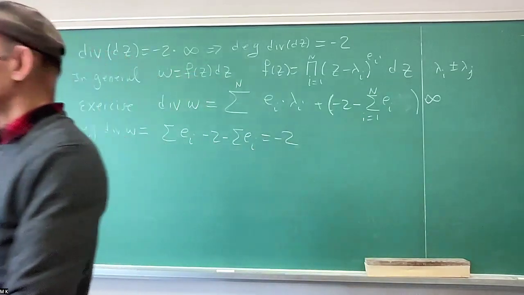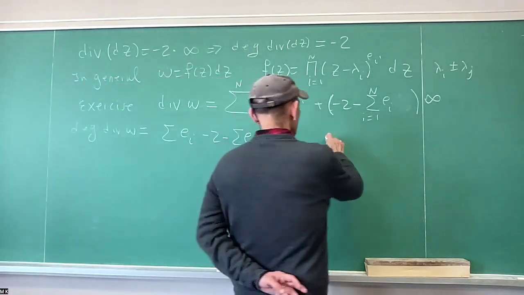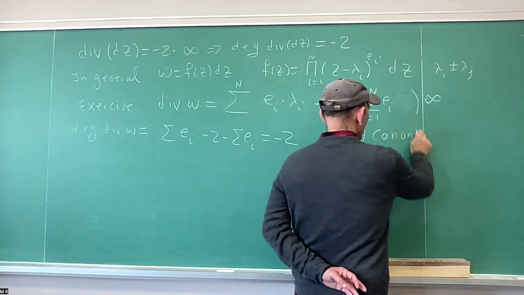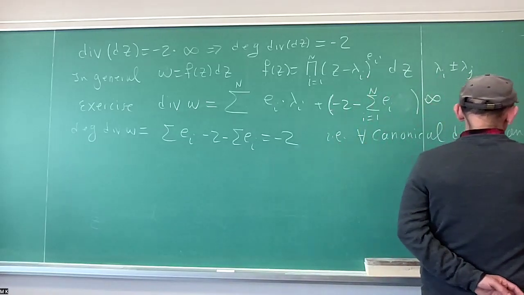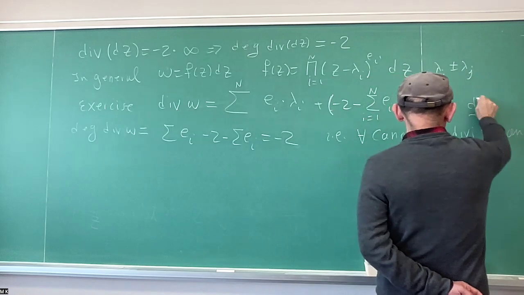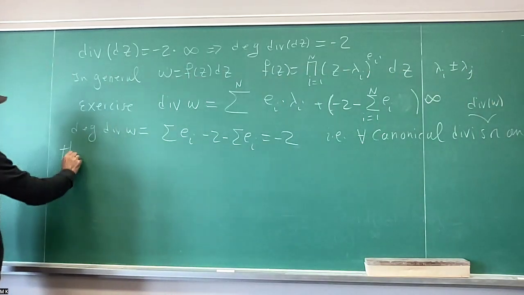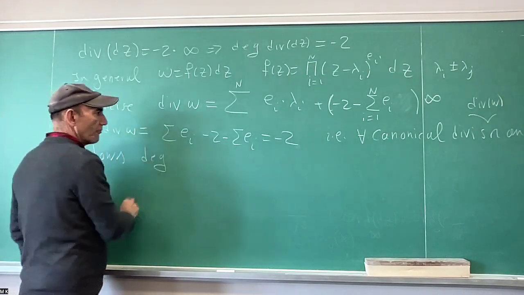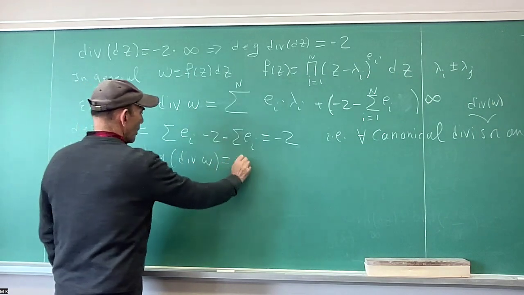So if you do the exercise, you have proved that for any canonical divisor on C hat, the divisor of omega has degree minus 2.